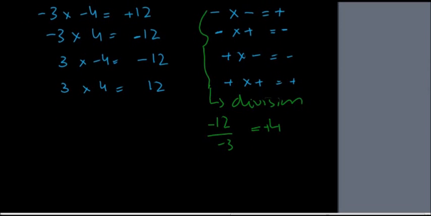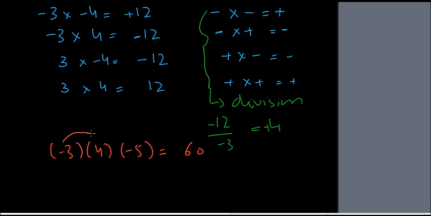What if you have more than two numbers? Let's say you have negative 3 times 4 times negative 5. As far as the absolute value is concerned, 3 times 4 is 12, 12 times 5 is 60. And what about the sign? The way to do the sign is to do them two at a time.